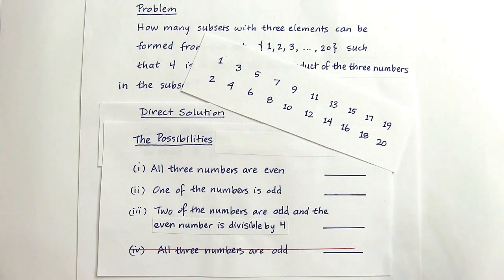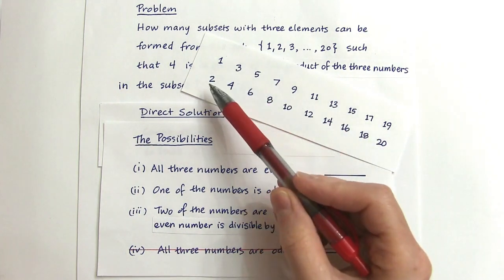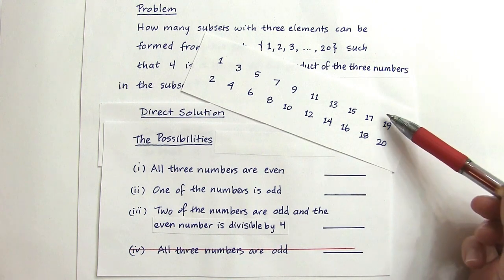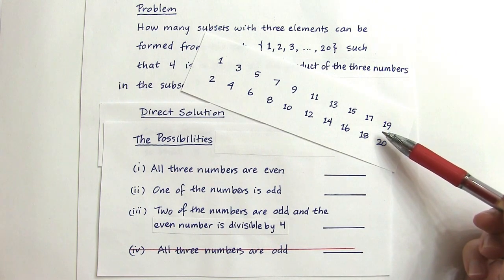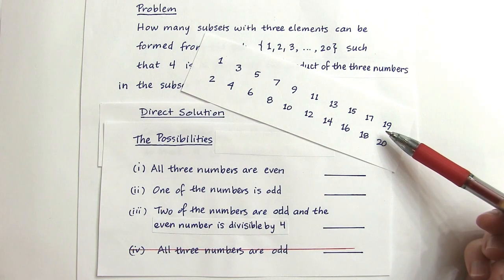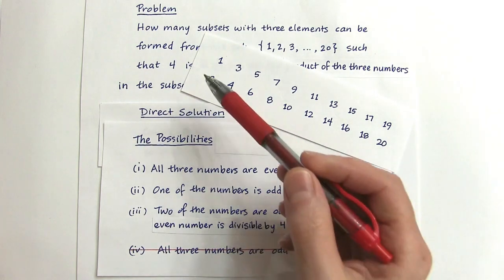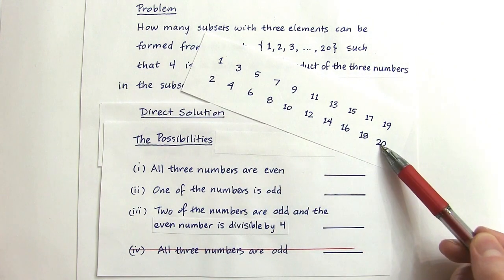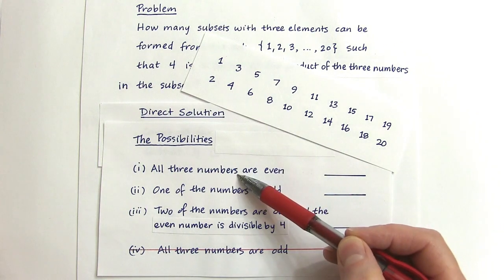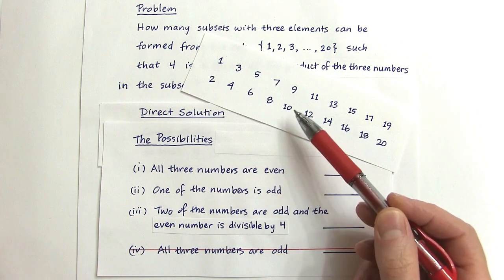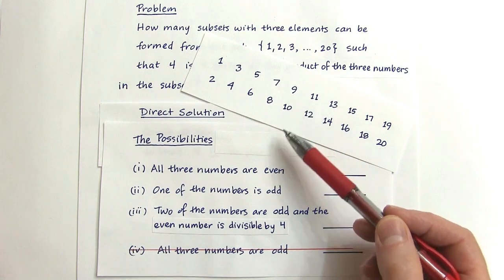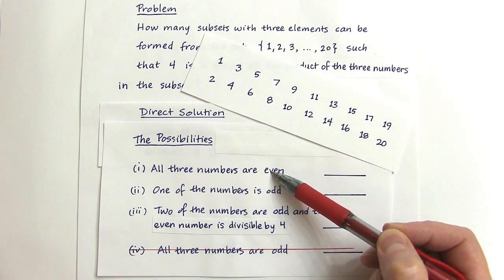And I see that the set of numbers 1 through 20 is split evenly in half between the even numbers and the odd numbers. And so we see that there are 10 even numbers to choose from. And so when we want all 3 of our numbers to be even, that gives us 10 choose 3 possible ways to do that.